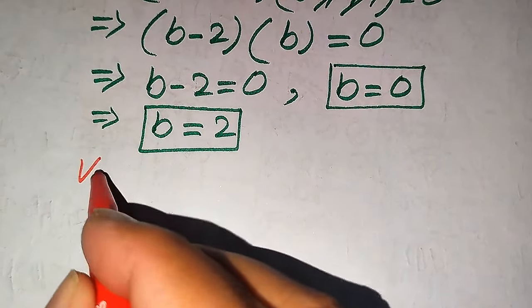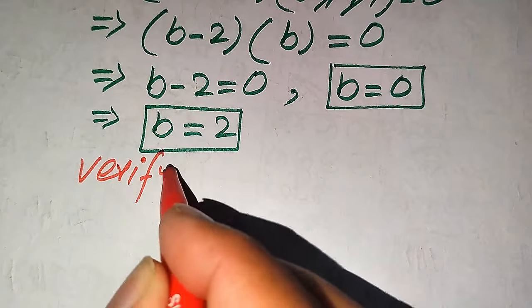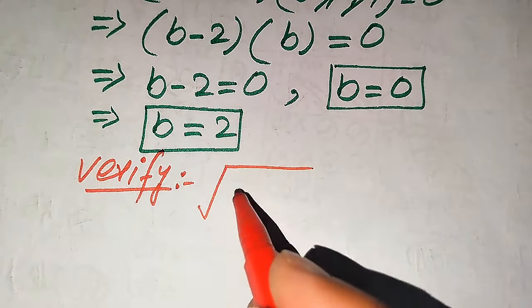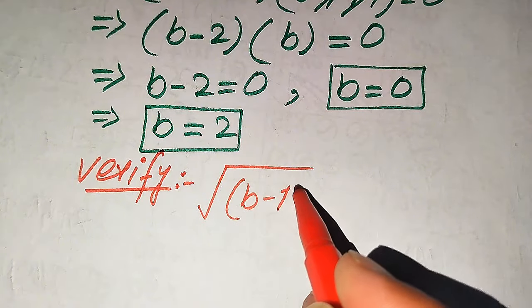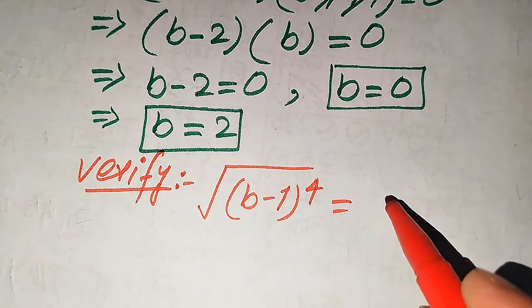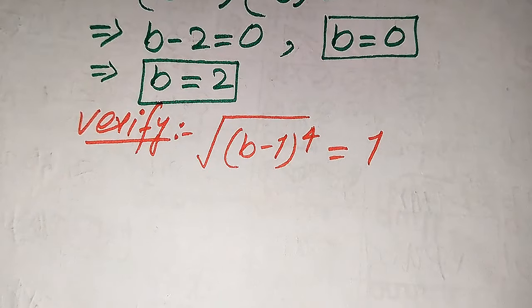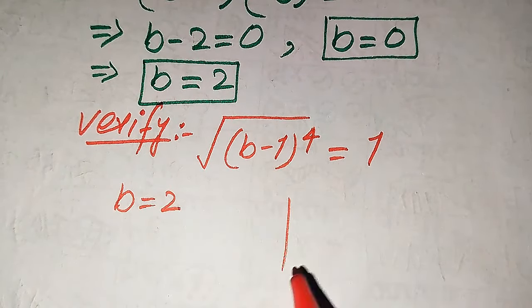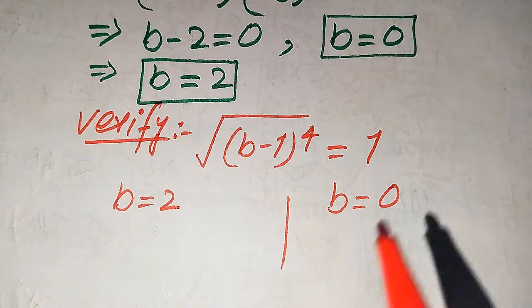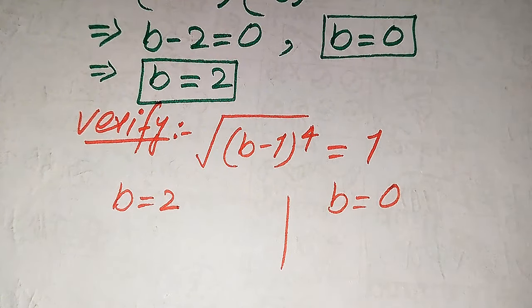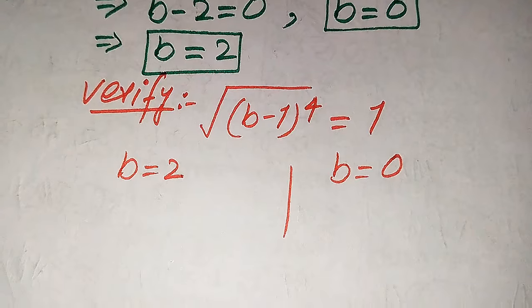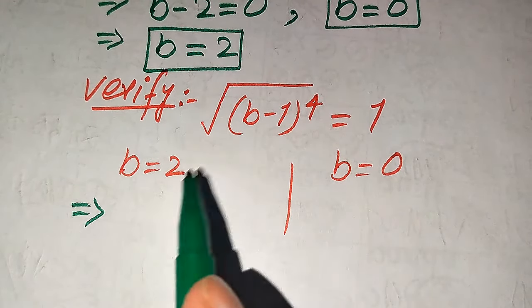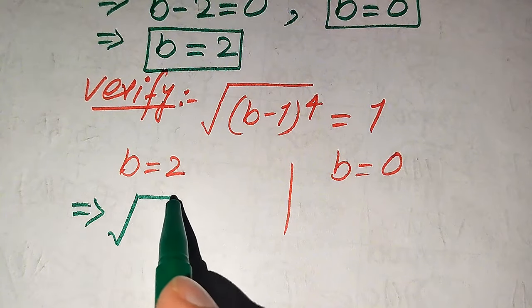So for verification of the roots, we need to copy down the given question statement here, and the given question statement is square root of b minus 1 to the power of 4 is equal to 1. So in this side we will verify b is equal to 2, and in this side we will verify b is equal to 0. First we verify b is equal to 2, so we substitute b is equal to 2 into the left hand side, and we check the behavior of this equation.